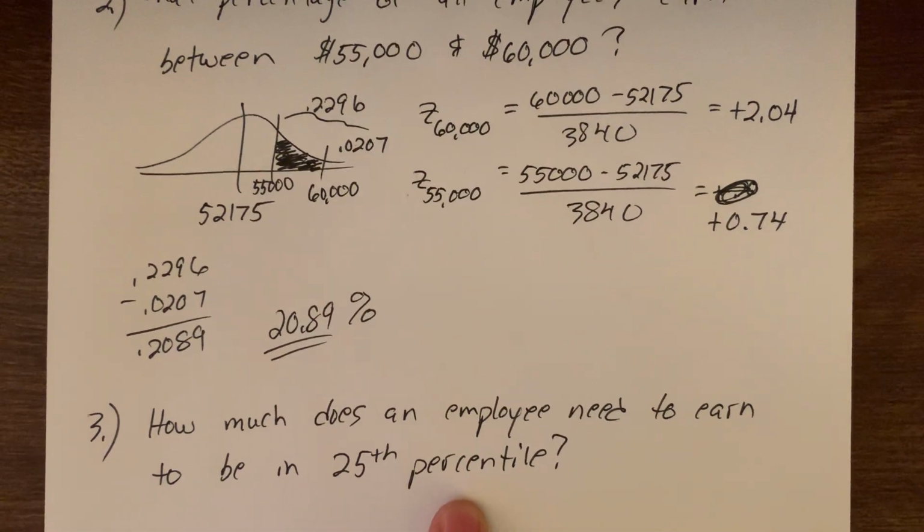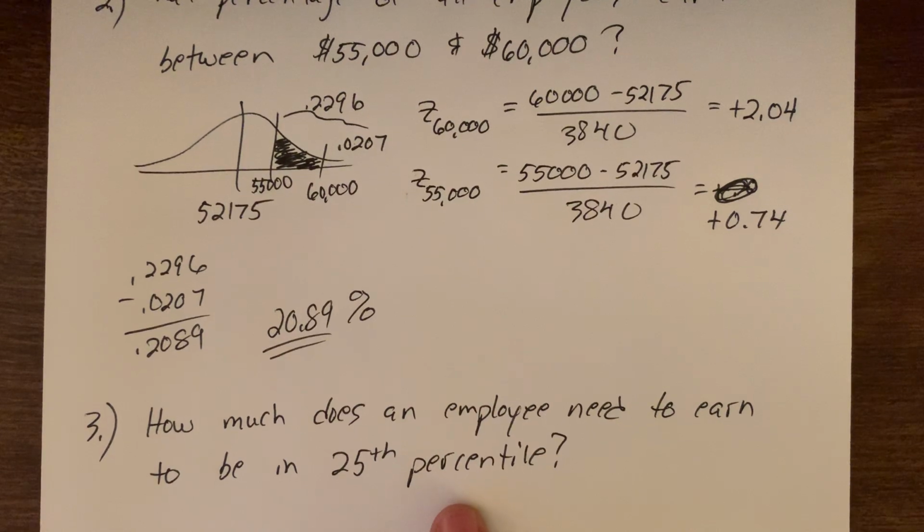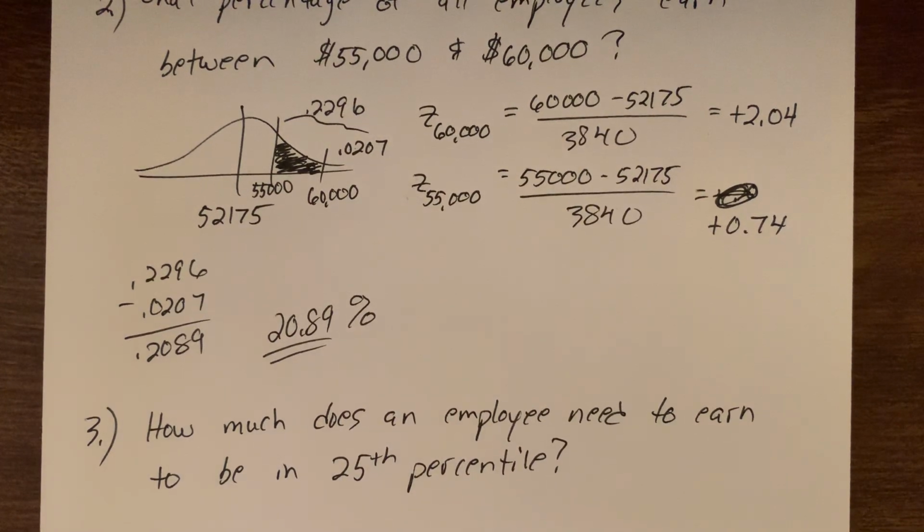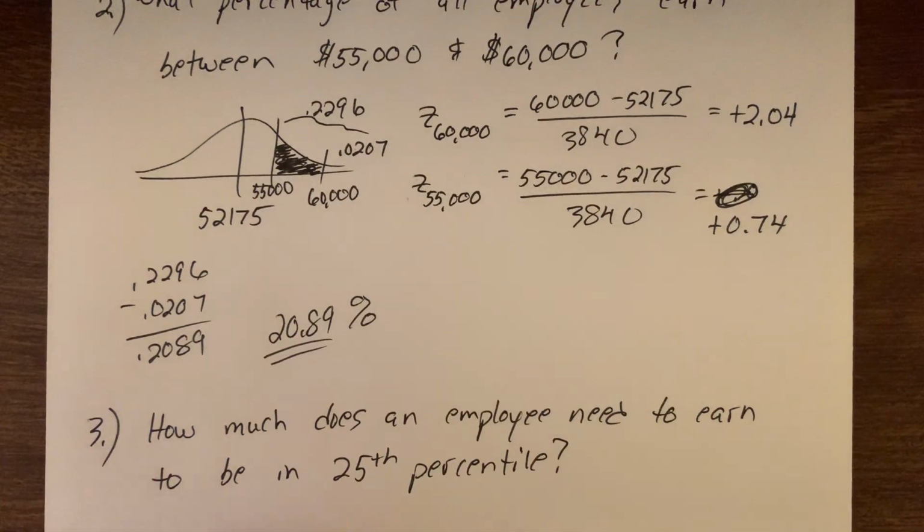These questions, when you're trying to find a data value, it's not always giving you a percentile, but in some way it's always telling you something about the area under the curve, the percentage or the probability that your value is bigger or less than, and we're still going to need to work backwards in order to get the z-score.